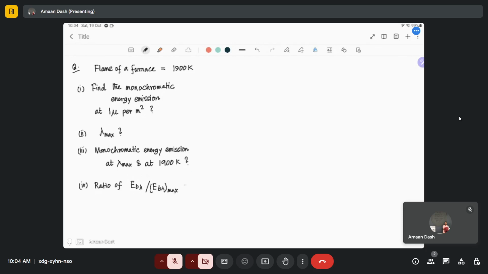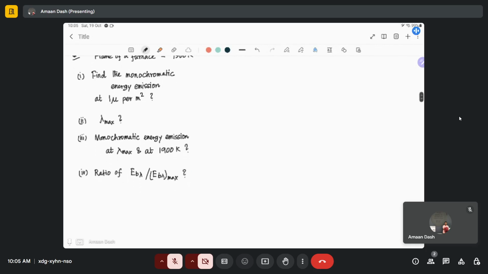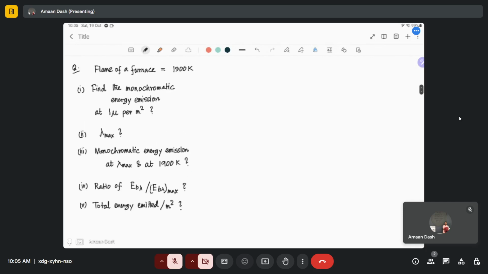This you can calculate from the above. And finally, the total energy emitted per meter square. You can give it a try and then we can discuss the solution.